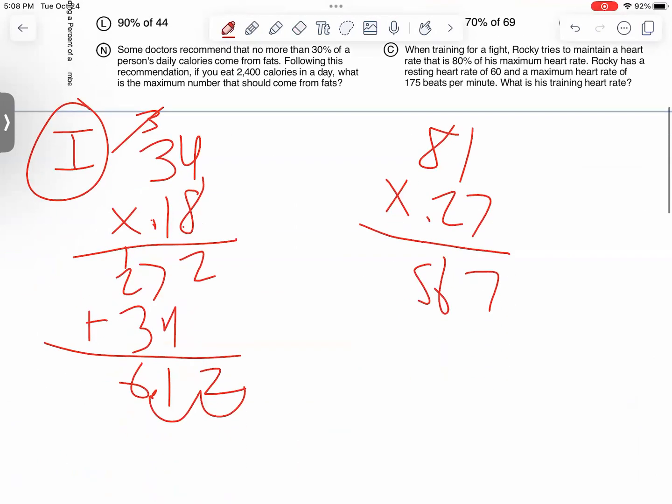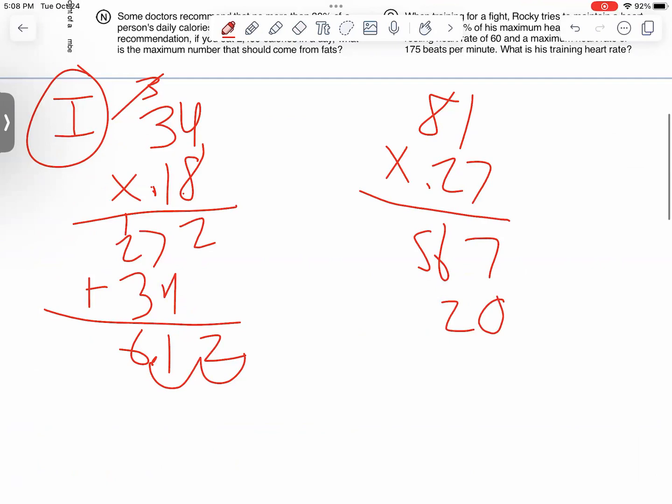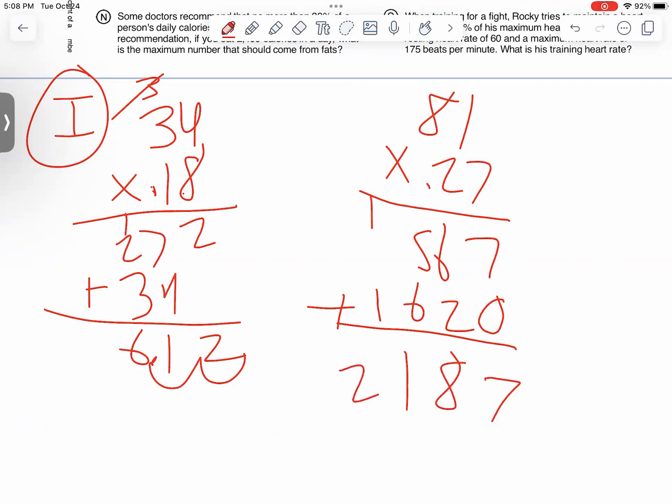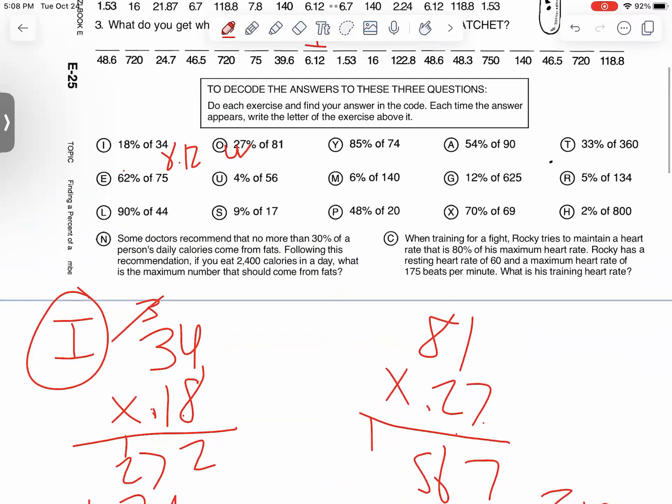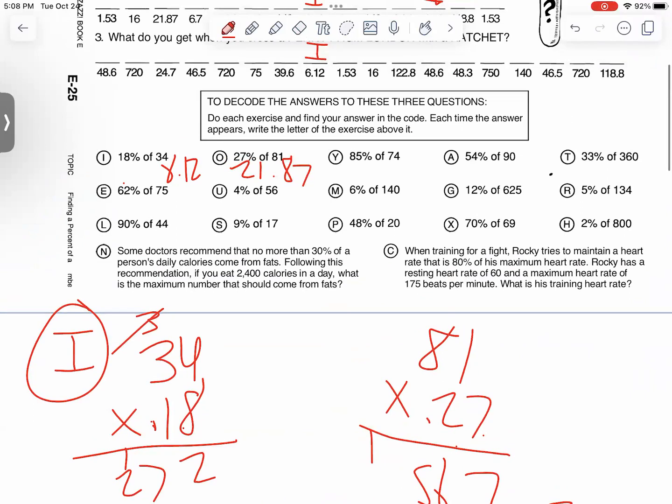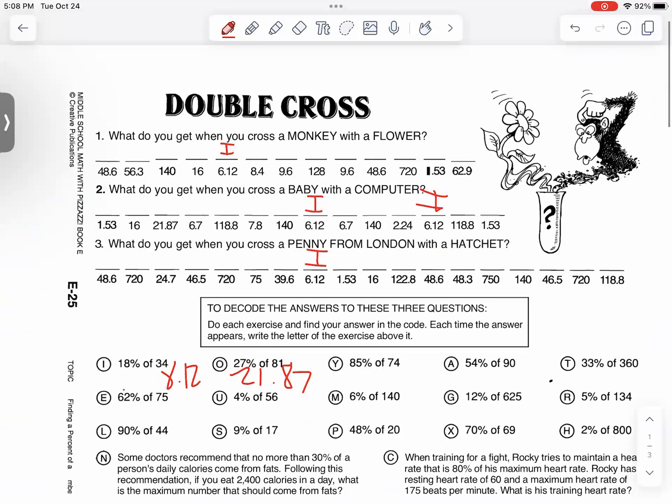Then we have 0, 2, and 16. 7, 8, 11, and 2. 1, 2 decimal places in the problem, so 2 in the answer, 21.87. So that's going to be O here. I think that's the only one I see.